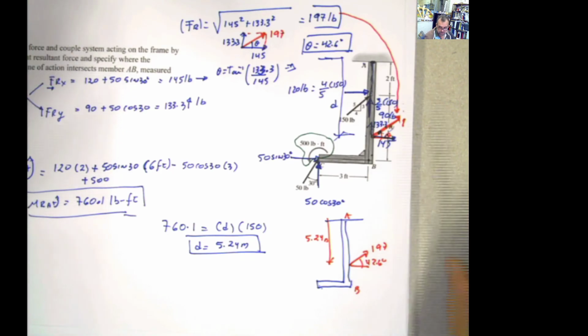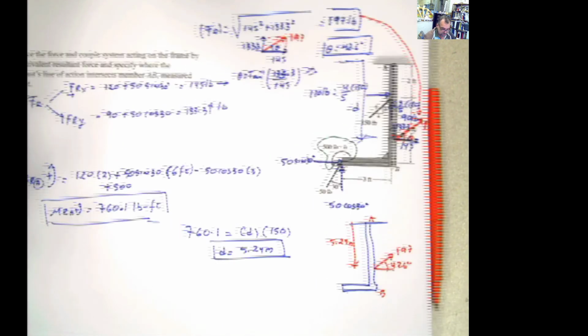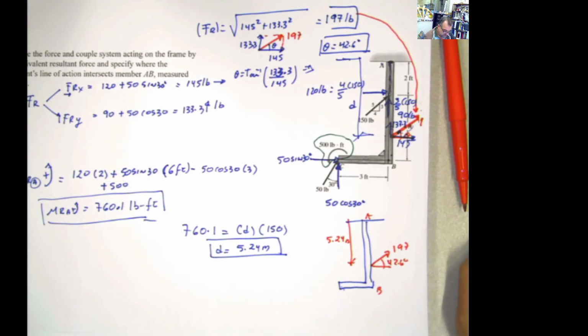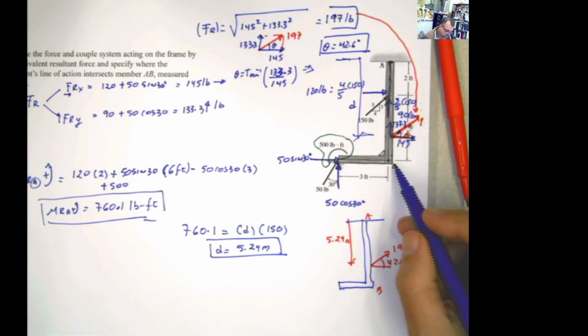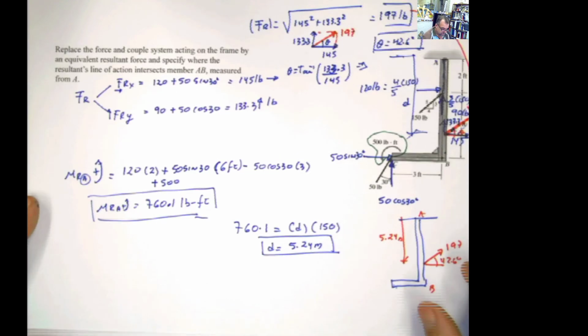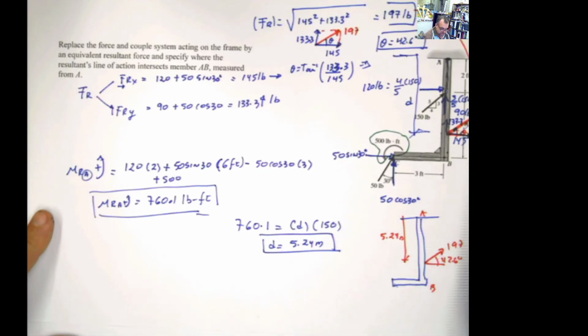Now let's say that you solve the problem completely and then you misread, like happens all the time, and the problem was telling you, no, it's not with respect to A, it's with respect to B. So what is the big deal? It doesn't matter, because if this is with respect to A and I needed to express it with respect to B, the only thing I have to do is say, oh, this distance is 2, this distance is 4.